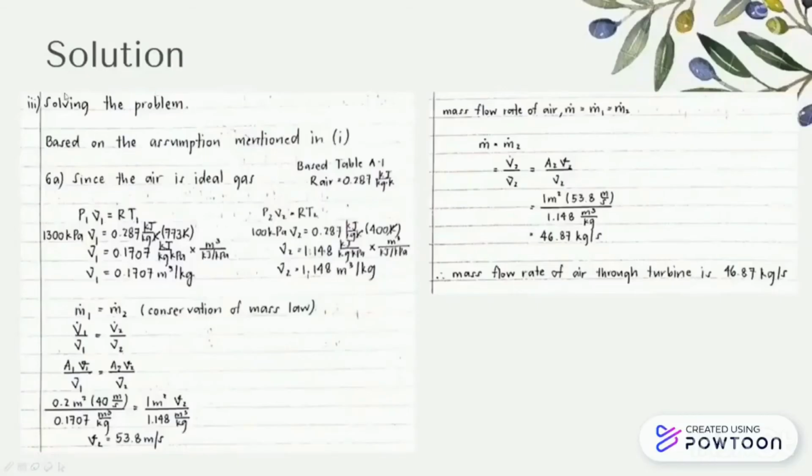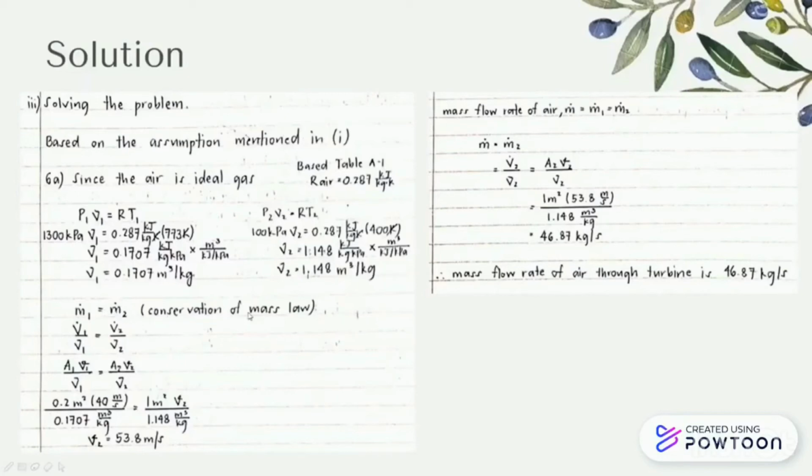For question 6a, since we assume that air is an ideal gas, we can use the ideal gas equation to find the specific volume of air at inlet and outlet. The gas constant of air can be obtained from Table A1. Since this is an open and steady process as mentioned before, the mass flow rate entering and leaving the turbine are equal.